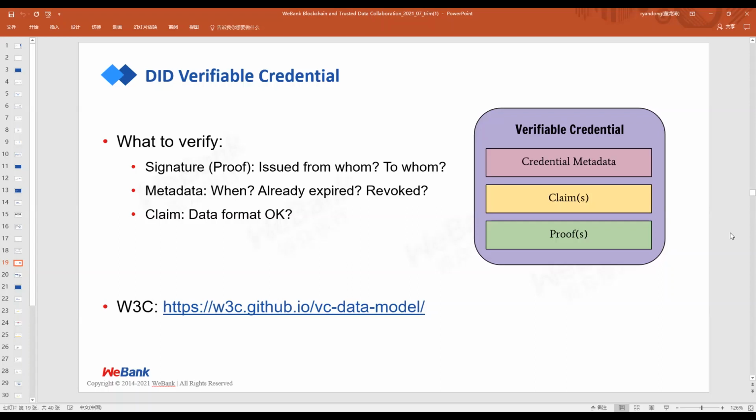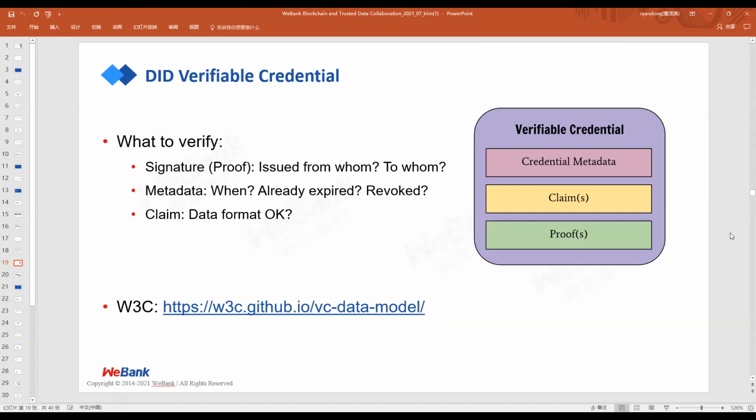PKI stands for public key infrastructure, like what most information systems use now. But DID has a very interesting design. They call it a claim. A claim means you can claim certain attributes to satisfy certain conditions, but without revealing them.